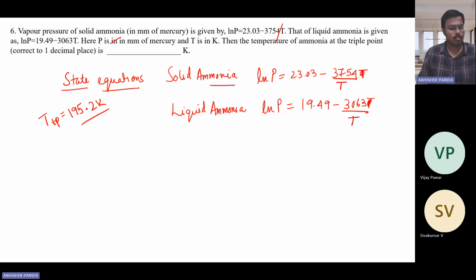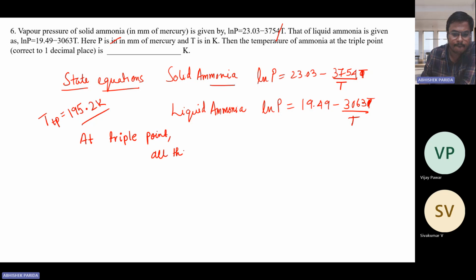So as said, it is very correct that at triple point, all the phases, solid, liquid and gas coexist.